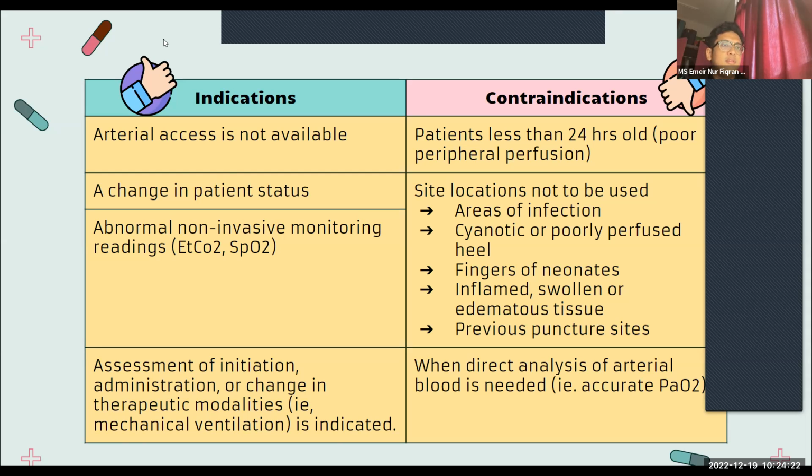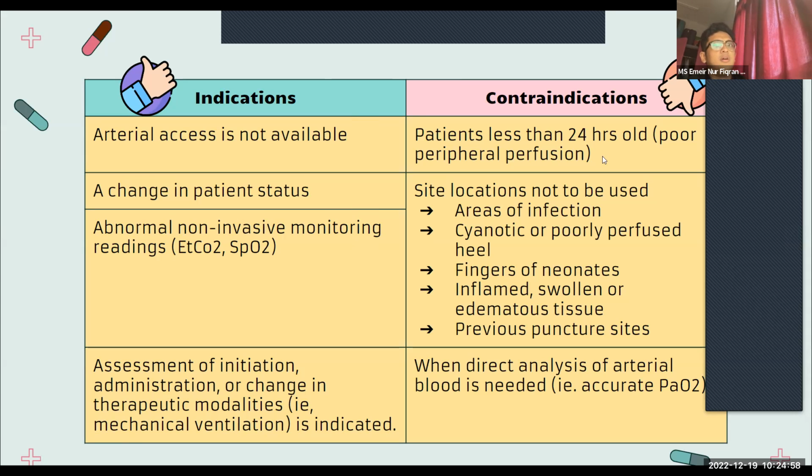Next are the site locations that should not be used for capillary blood sampling: areas of infection, cyanotic or poorly perfused heel, fingers of neonates, inflamed, swollen, or erythematous tissue, as well as previously punctured sites. And lastly, it is contraindicated when direct analysis of arterial blood is needed for an accurate PaCO2 reading. Let's continue.